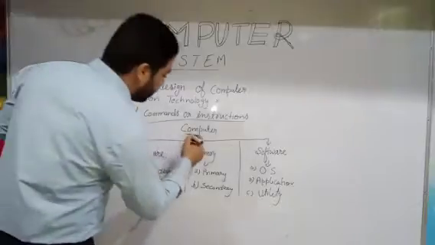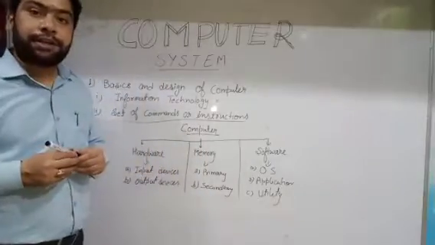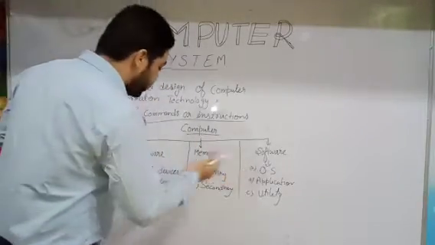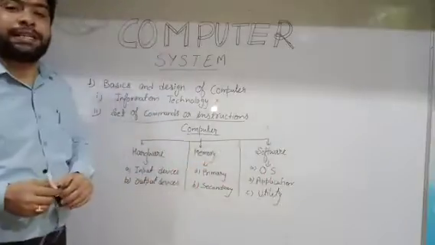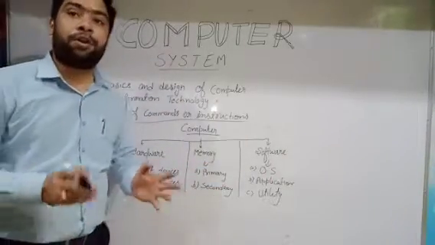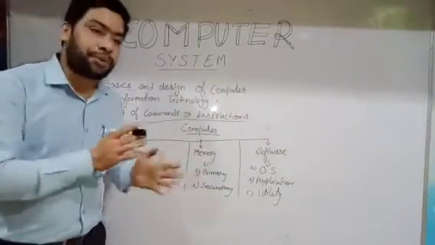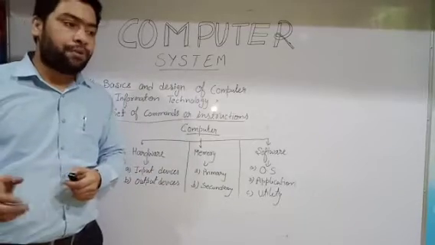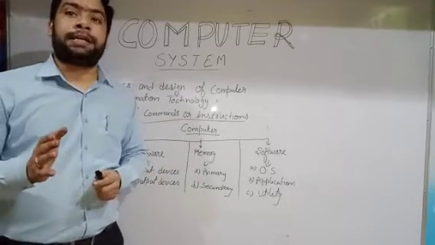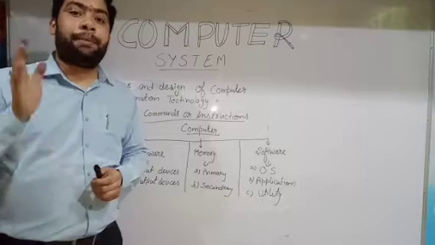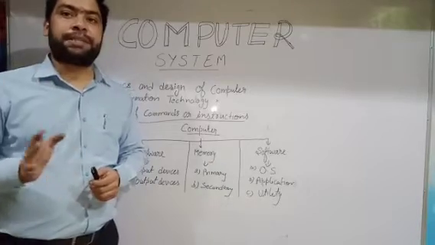But what is a computer? A computer is a mixture of three basic things. A computer is a multitasking, multi-user, multi-purpose device.